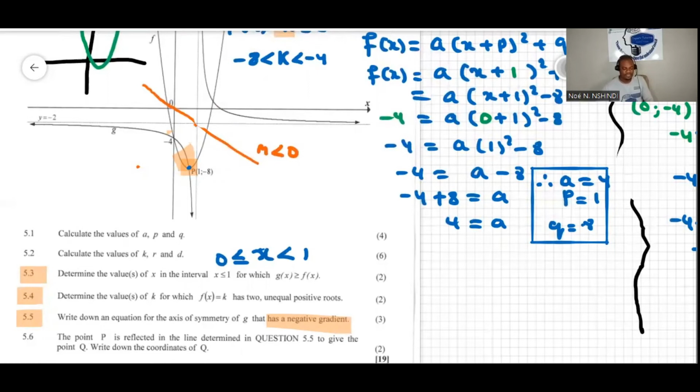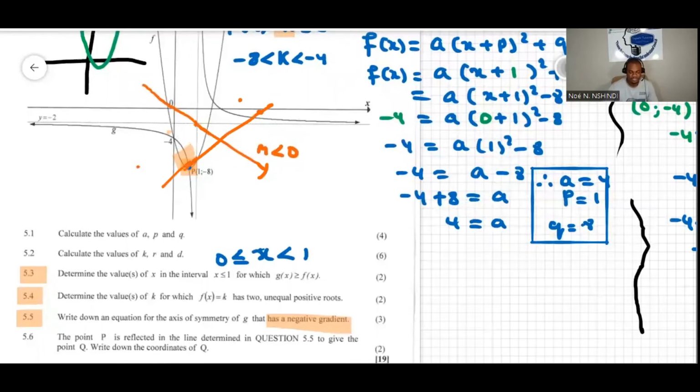Now we need to reflect the point P on the other side. In other words, we're going to find the line that's perpendicular to this line, passing through the point P, in order to find the reflection. Assuming that the reflection is that point somewhere there.